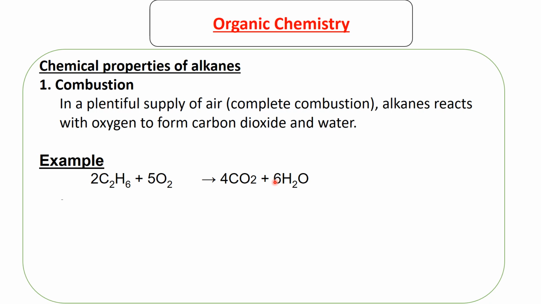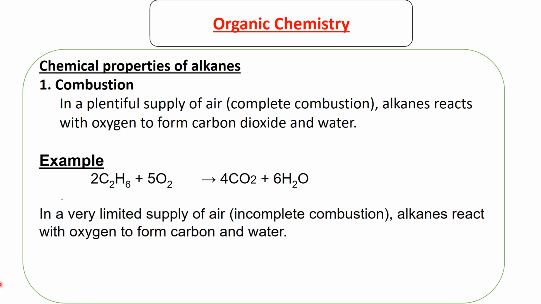Just as a quick exercise, what alkane is this? It has 2 carbon atoms. The prefix for 2 is eth, so this is ethane. But the main point from here is carbon dioxide and water are produced. Then in incomplete combustion, or in a very limited supply of air, alkanes react with oxygen to form carbon and water.